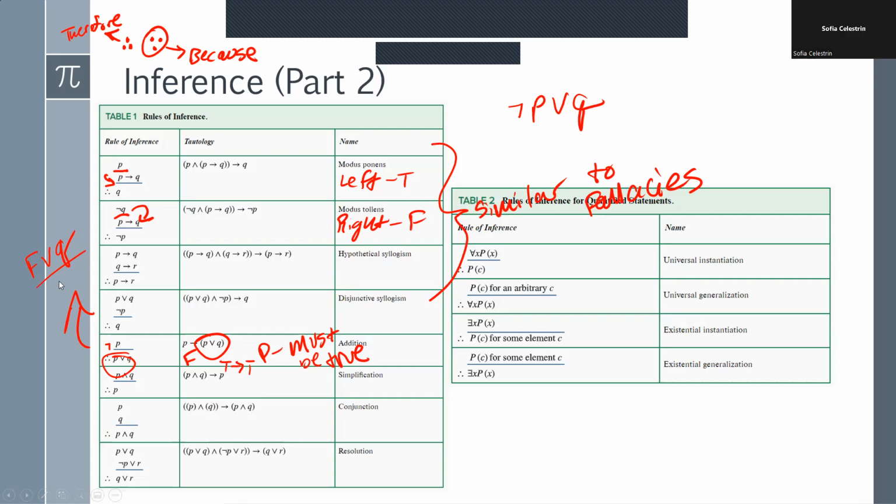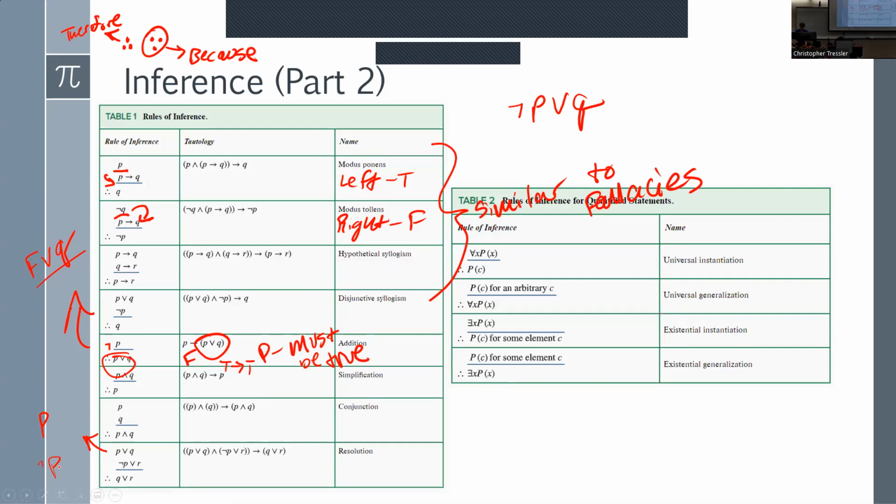And then we have resolution, which is a little bit more complicated. If we have P or Q and we have not P or R, now here's the thing. So P or not P, like to be or not to be, we know that one of those is true.